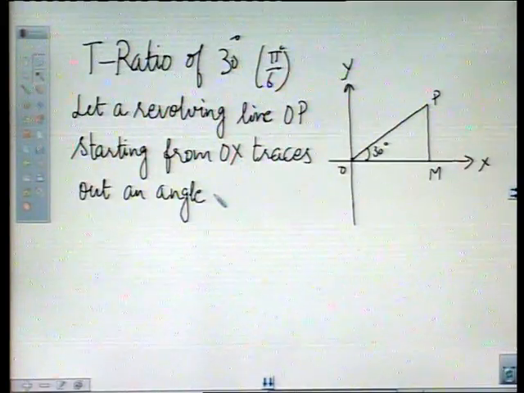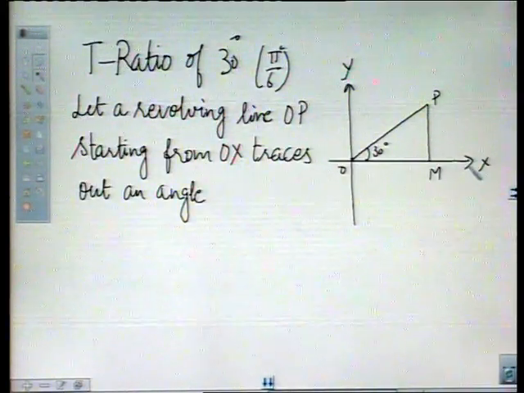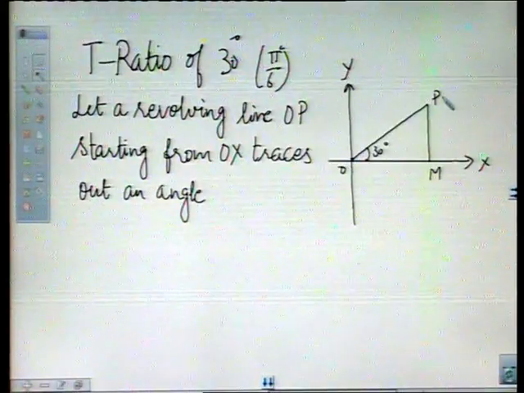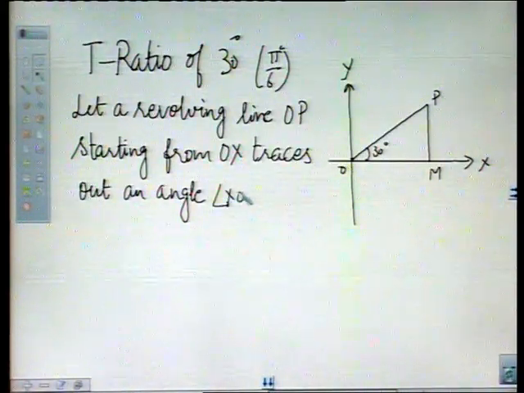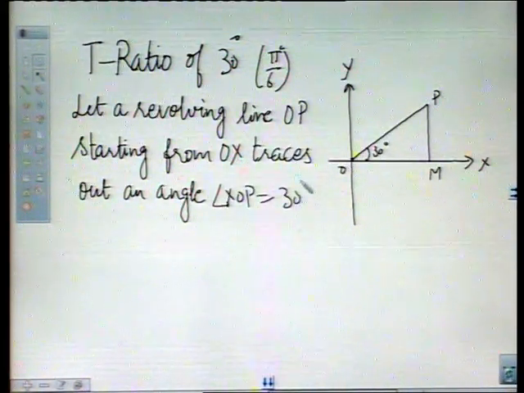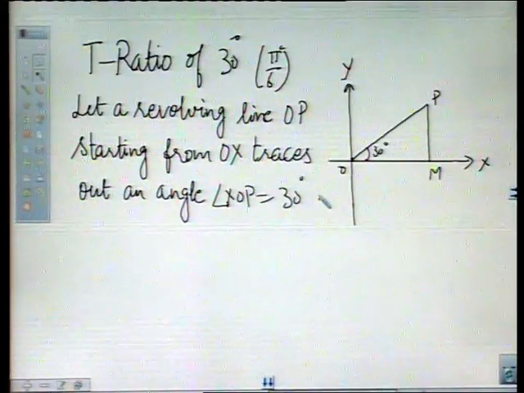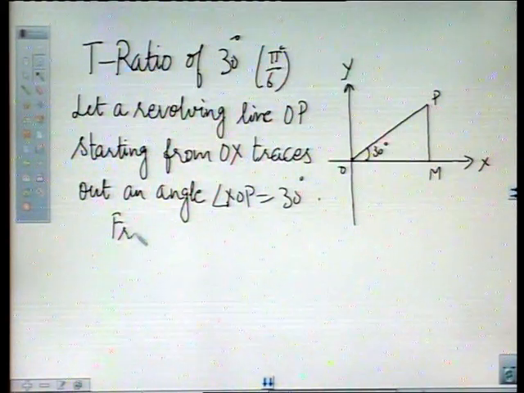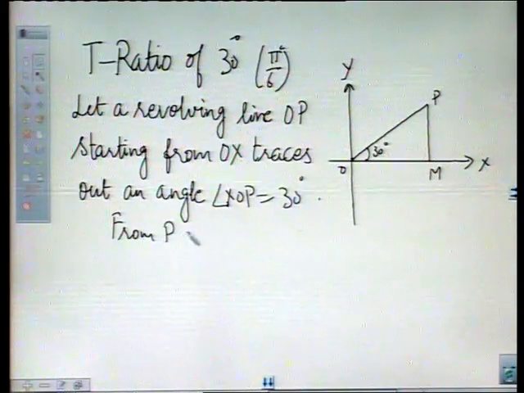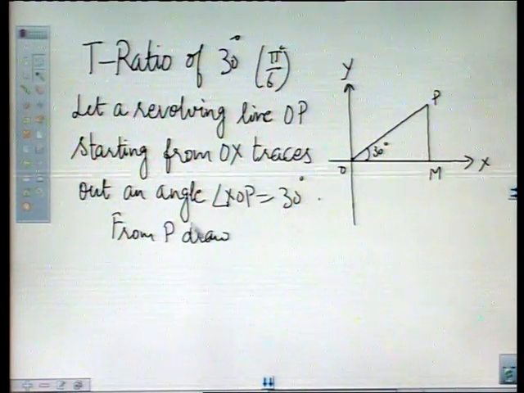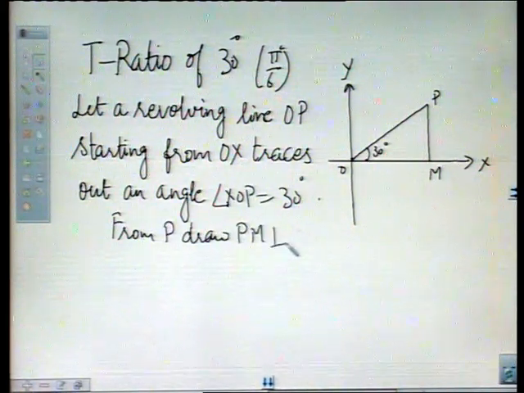This line OP is tracing which angle? It is tracing angle XOP equal to 30 degrees. From P, draw PM perpendicular to OX.